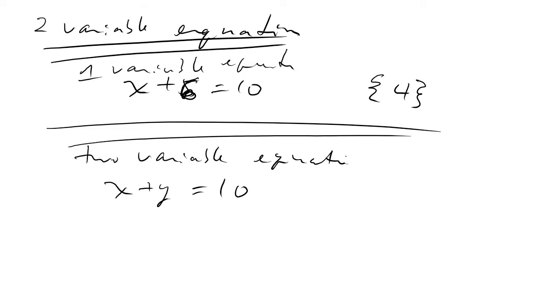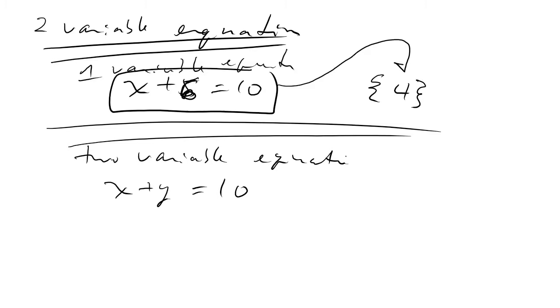And I would want to spend, I think, a day just getting the idea that a two-variable equation has a solution set that's much more complicated than a one-variable equation. With a one-variable equation, the solution set is usually a single number. A two-variable equation actually has a lot of answers.